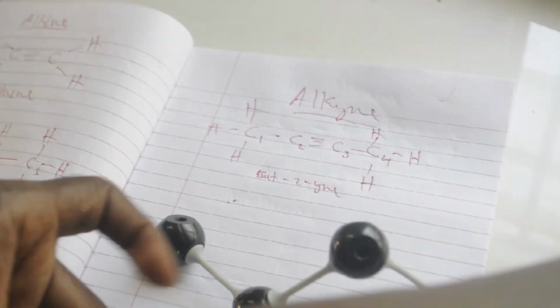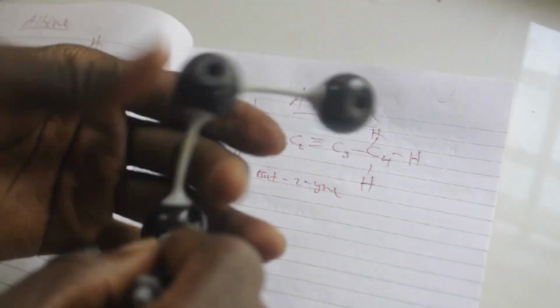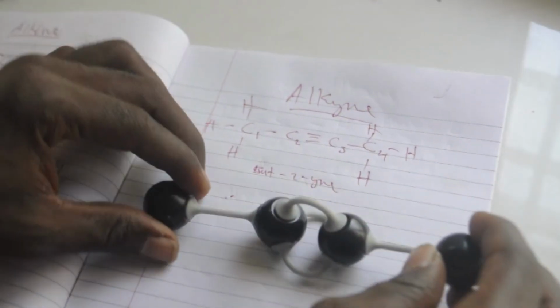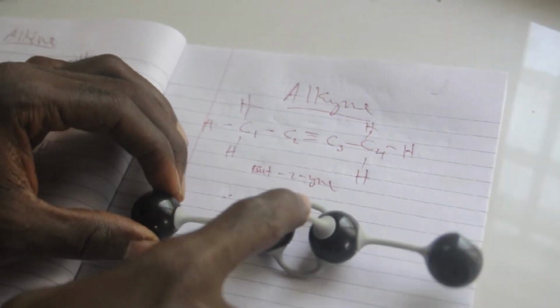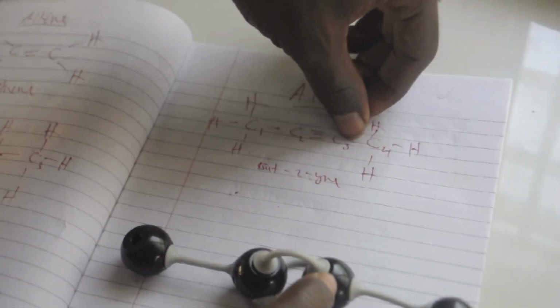So which means we are going to fix a triple bond in that compound. Now we have here a triple bond, 1, 2, 3. The triple bond is between the second carbon and the third carbon.